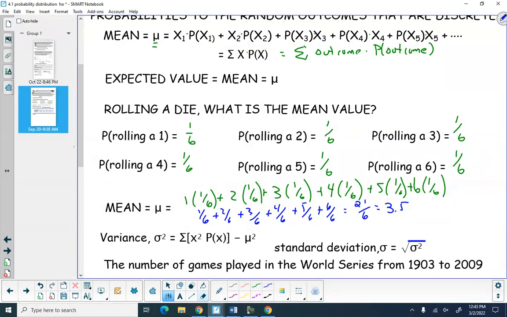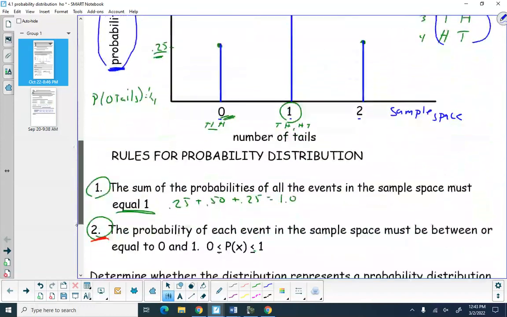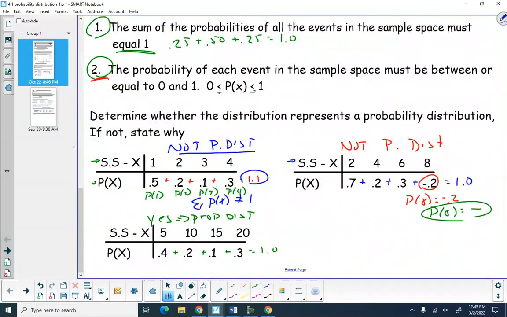Now, if we go to the other probability distribution, let's calculate the mean of this last one down here. To calculate our mean, we take our outcome and multiply it by its probability, and we add them up.